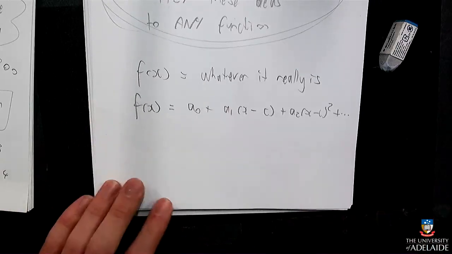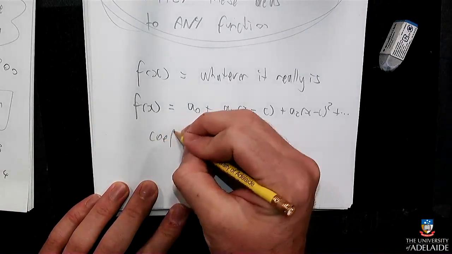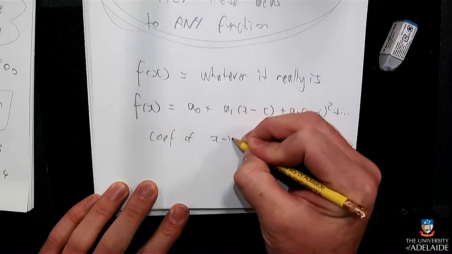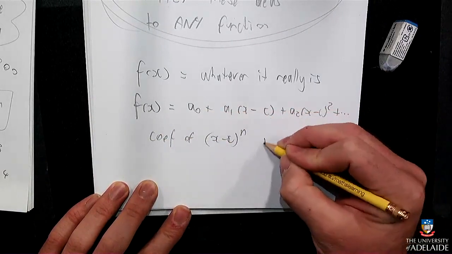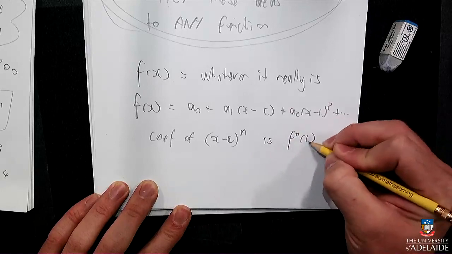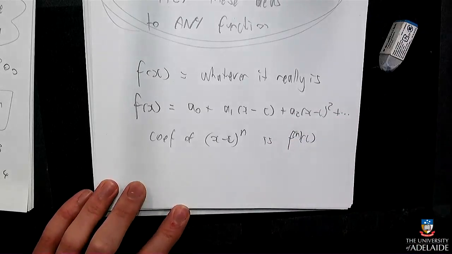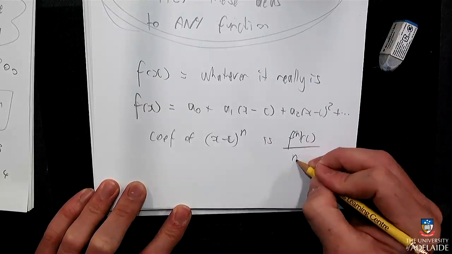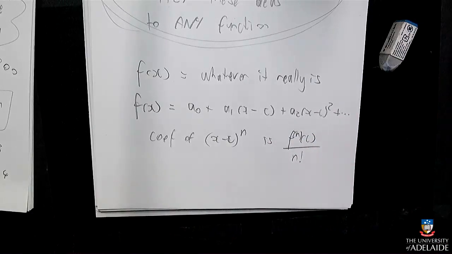And what I'm going to say is that the coefficient of x minus c to the n is f^(n), the nth derivative of f with c subbed in, just like we did for our polynomial, divided by n factorial. That n factorial is there because when you differentiate (x minus c) to the n enough times until it's a constant, you're going to end up multiplying by all of those powers all the way down to 1.